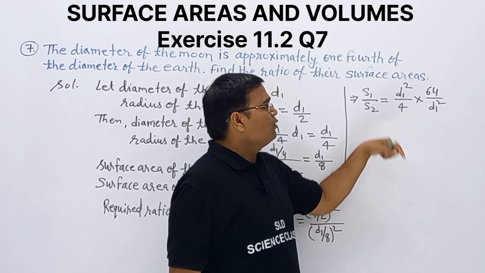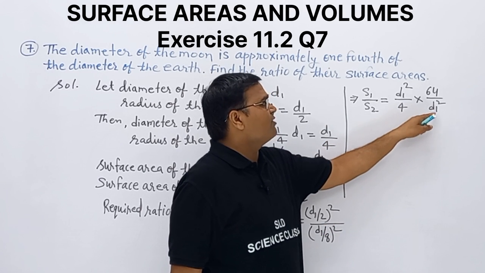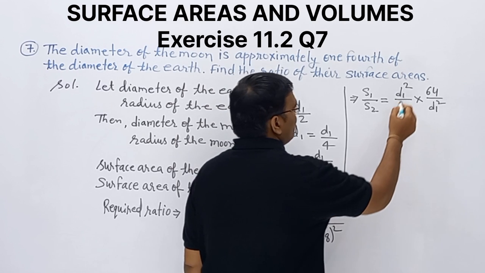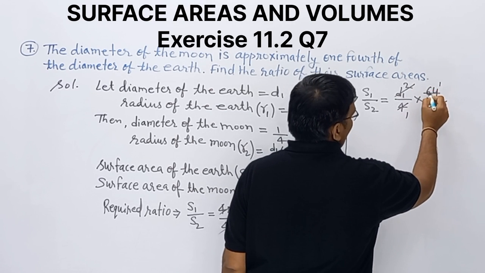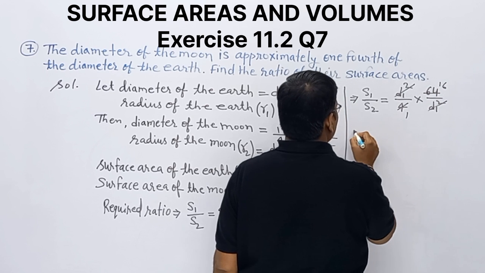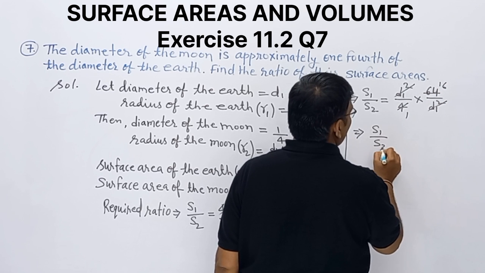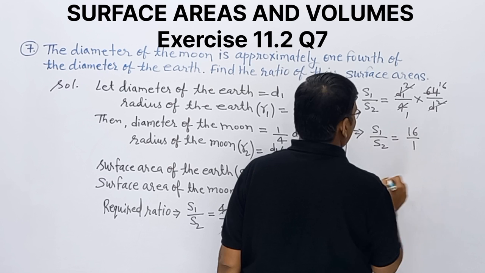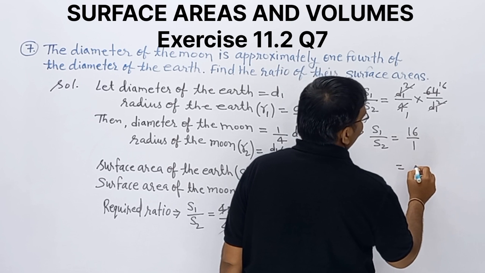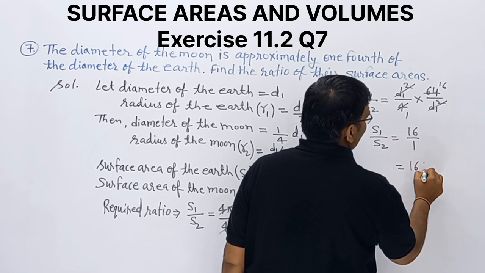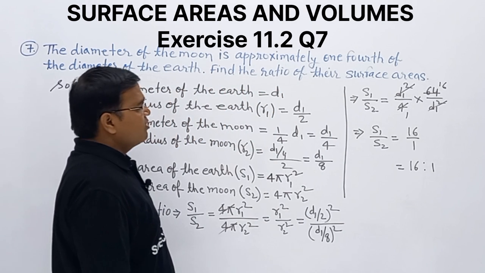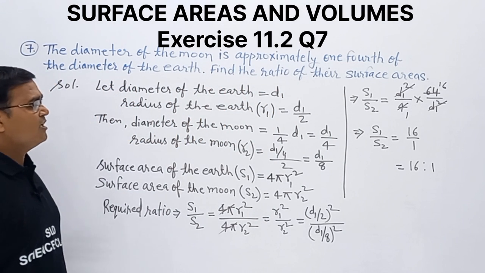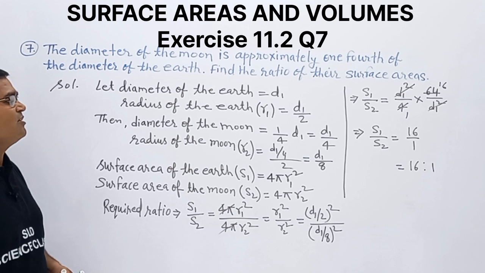So we do the reciprocal, and we get d1 square by 4 into 64 by d1 square. This cancels, and solving, the required ratio S1 by S2 is 16 upon 1. Finally, the required ratio of the surface area of the earth to the surface area of the moon is 16:1. This is the required answer.